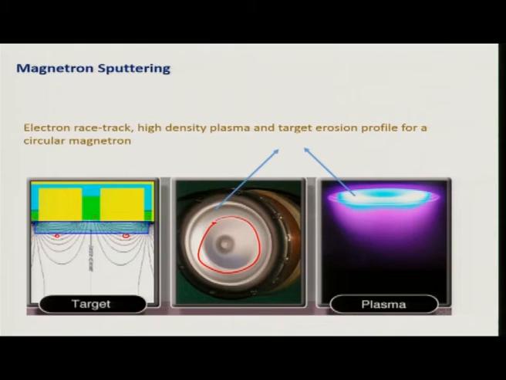Most of the erosion happens in this racetrack, and since this happens for this kind of gun, you cannot utilize the material completely, because it is not eroded uniformly. You can also see the lobes in the plasma in this circular plasma region, because this is where most of the action is happening along this racetrack.